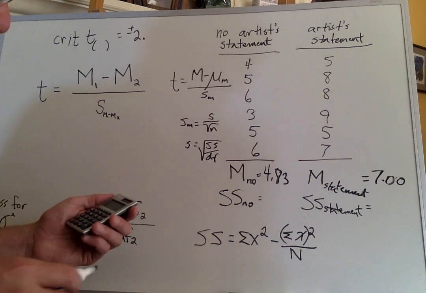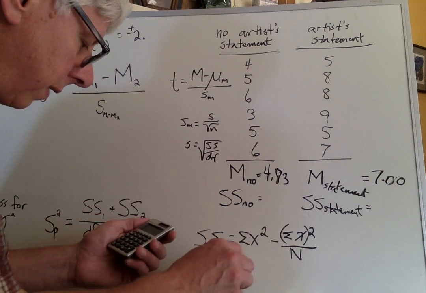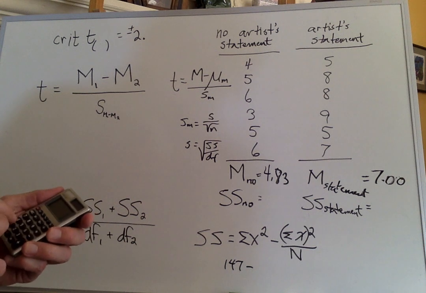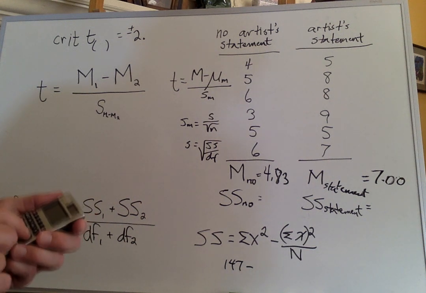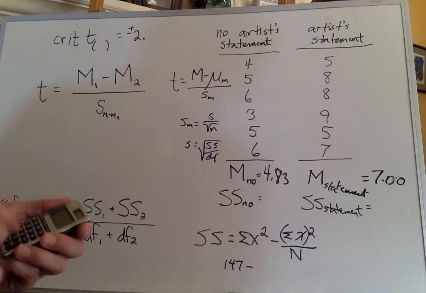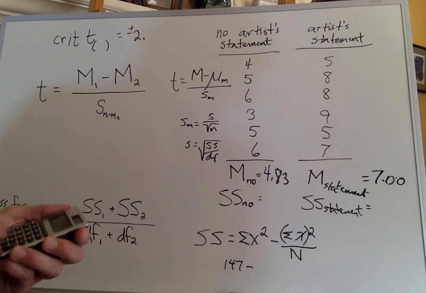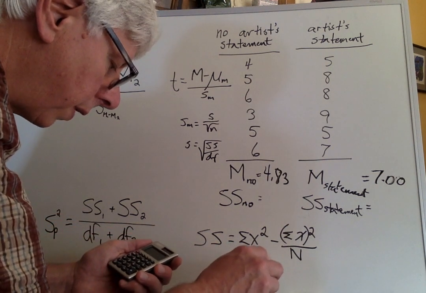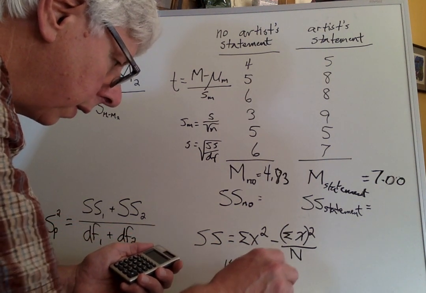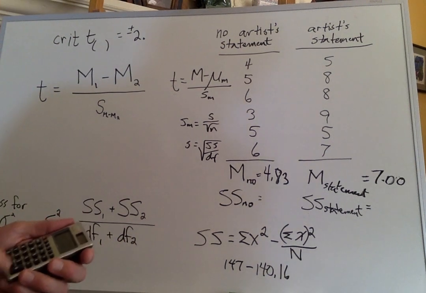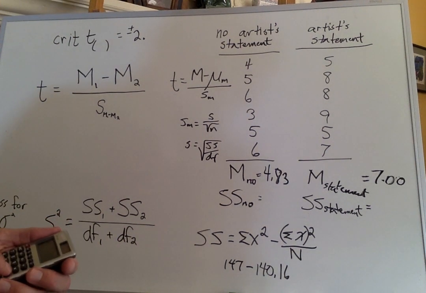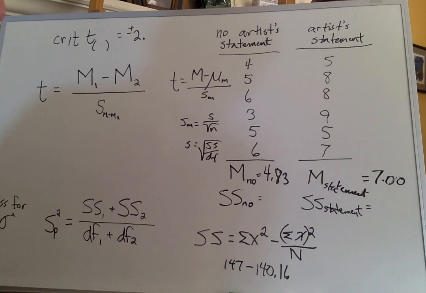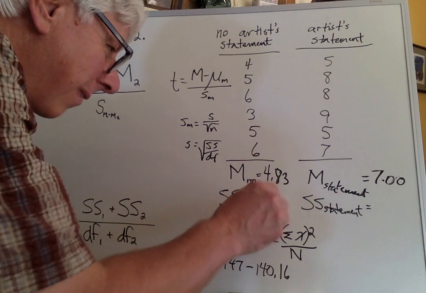So for the first group, it's 147 minus 29 squared divided by 6. So it's 140.16. Okay, so let's do this. 147 minus 140.16 equals 6.84. Okay, so this is 6.84.